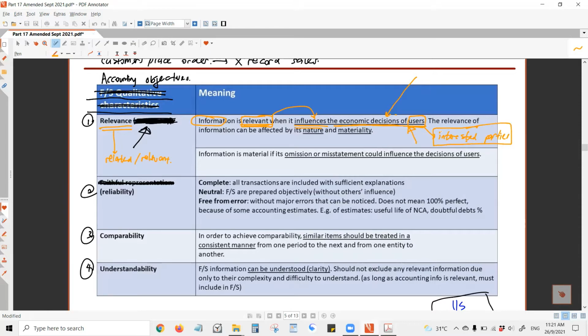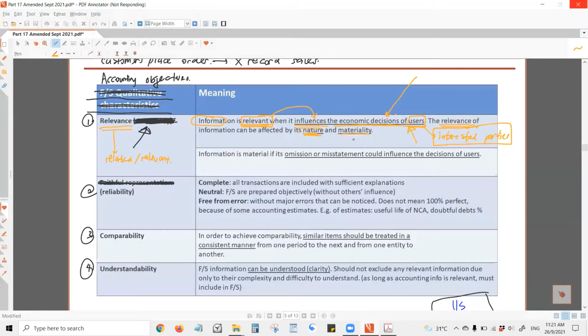And then it further explains the word relevance. Relevance also refers to the nature and materiality of your accounting information. Nature and materiality. Materiality, I explained it last week, right?